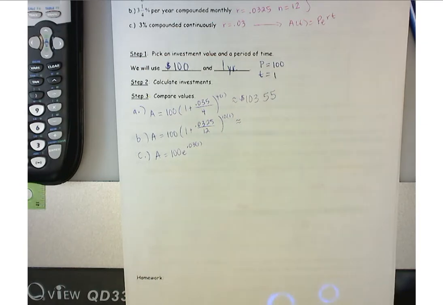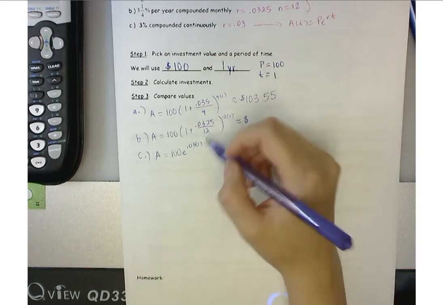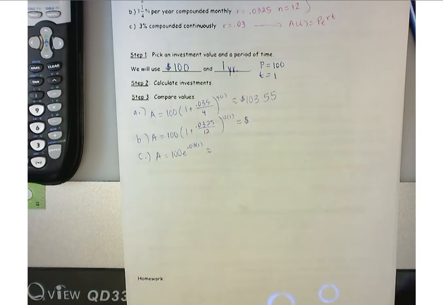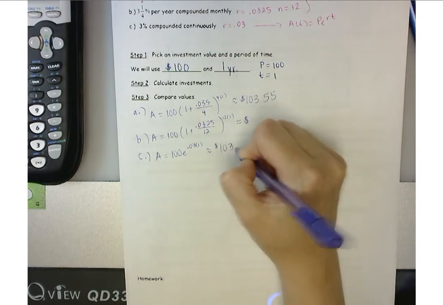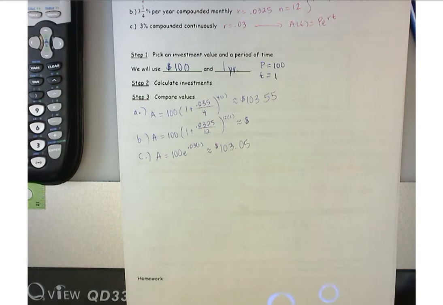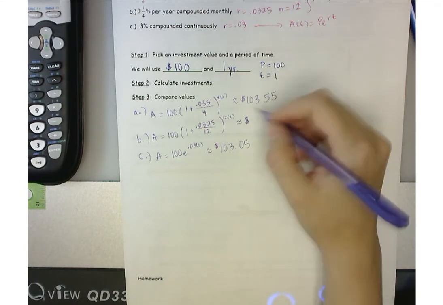Okay, and then Reese, what did you get for part B? Oh, really? You can tell me what C is. What's C? Good. Hannah, did you do B? Yeah, I got 103 and 30 cents.